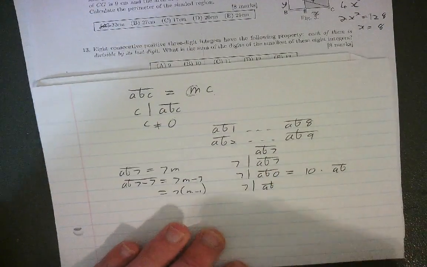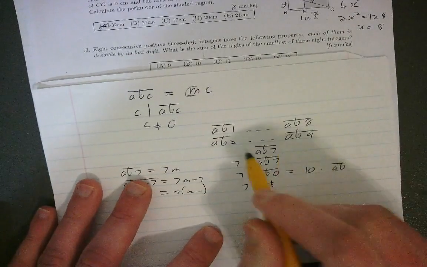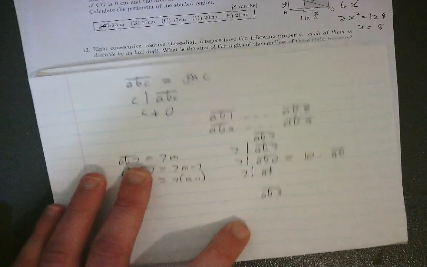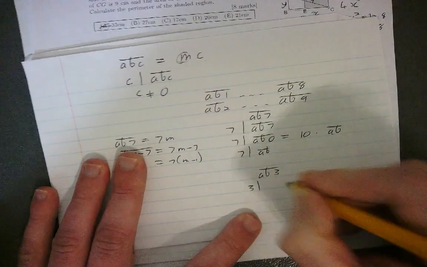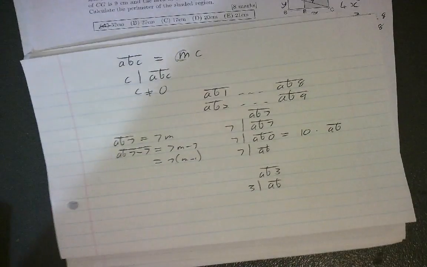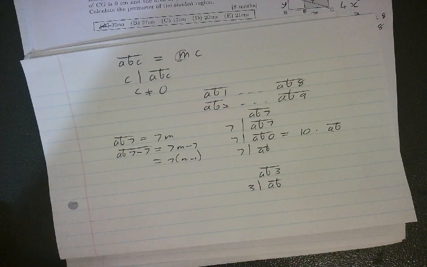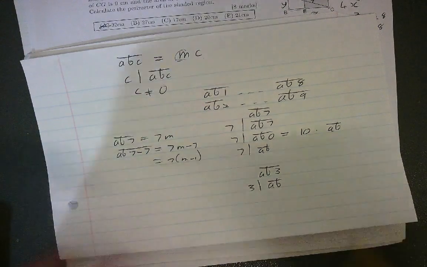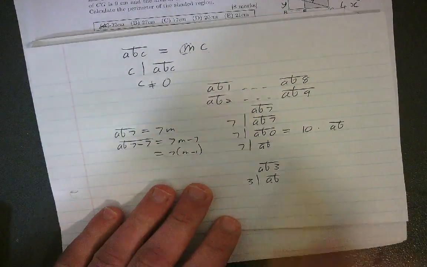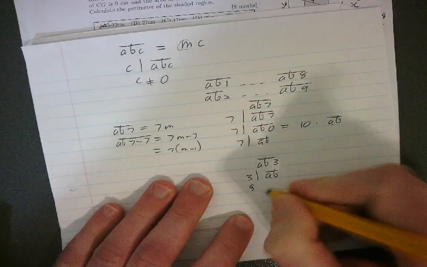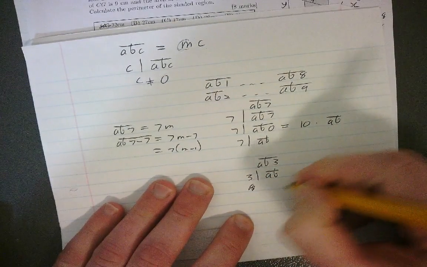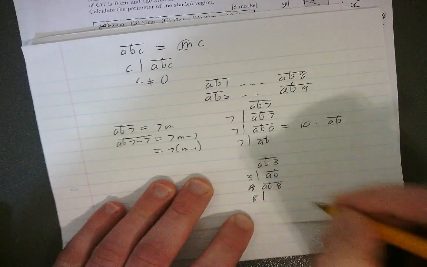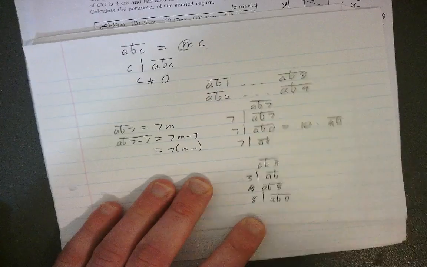Also, we can do the same thing with 3. One of these must end in a 3, and eventually we'll get that 3 divides into AB. We can do a similar thing with 8. We've got one of them is AB8. That will mean that 8 will divide into AB0.